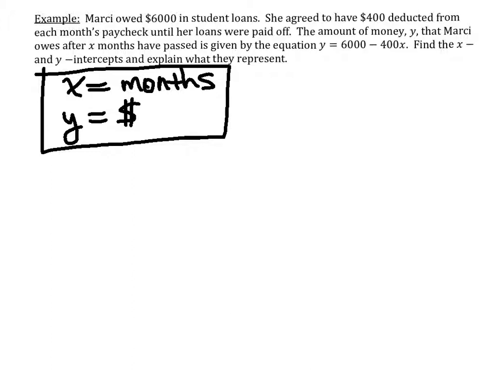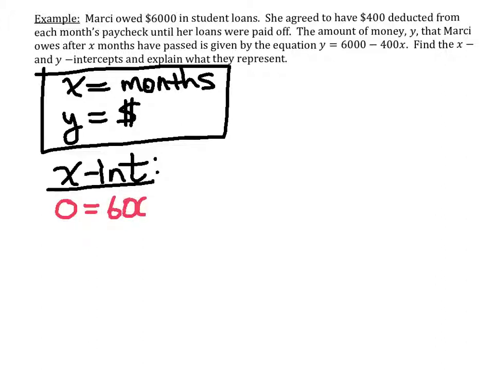And so what I'm going to do is I'm going to start by finding my x-intercept. All right, again, I'm abbreviating with x-int. Remember, to find your x-intercept, you let 0 be substituted in for y. So I get 0 equals 6,000 minus 400x. All right, and I'm getting this equation from here because this models her situation. All right, remember, I want to solve for x.